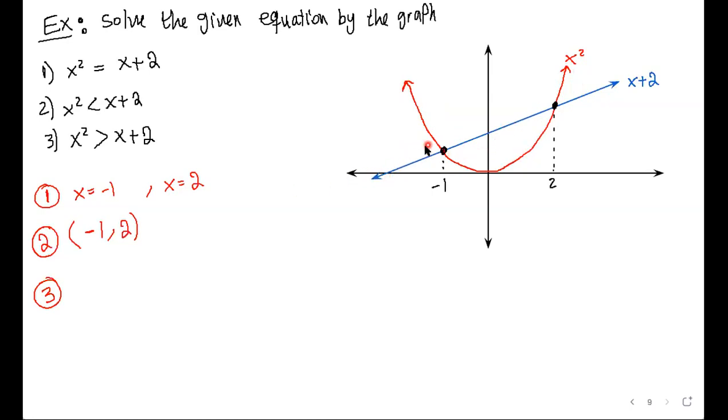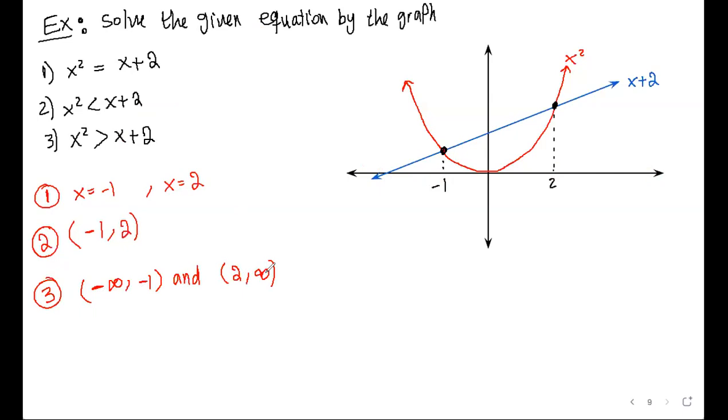So the solution will be all the values from here, minus infinity, until -1, and also from 2 to infinity. So the solution for the third one is from minus infinity until -1, and from 2 to infinity.